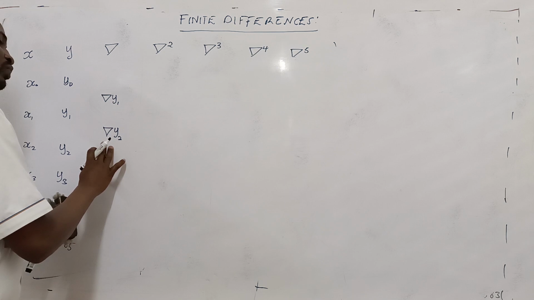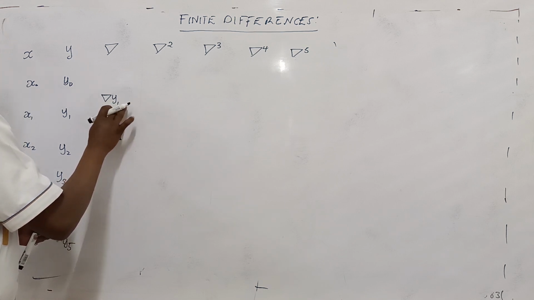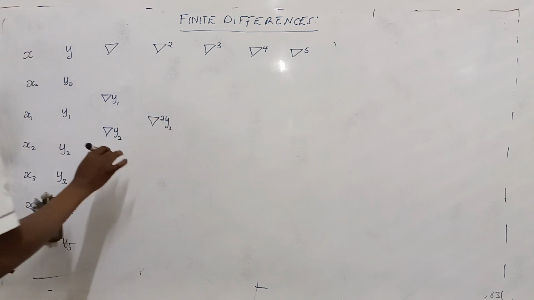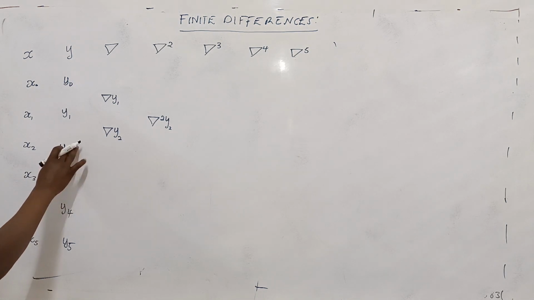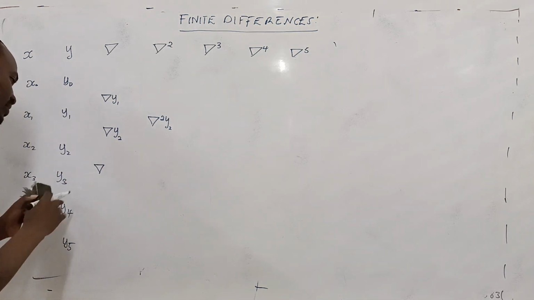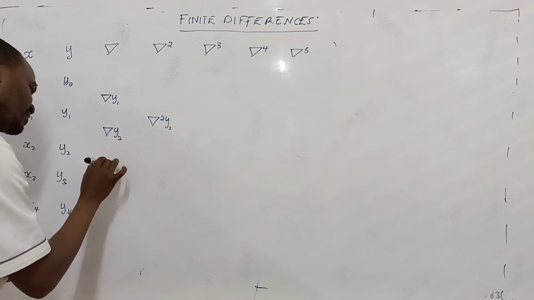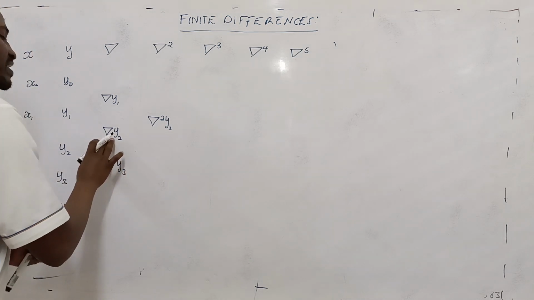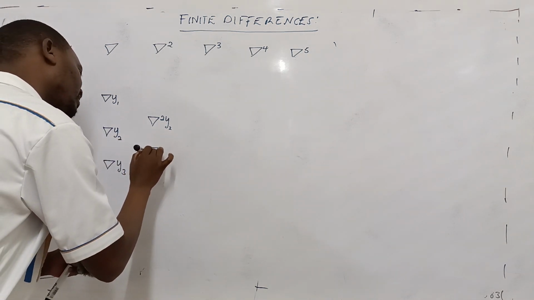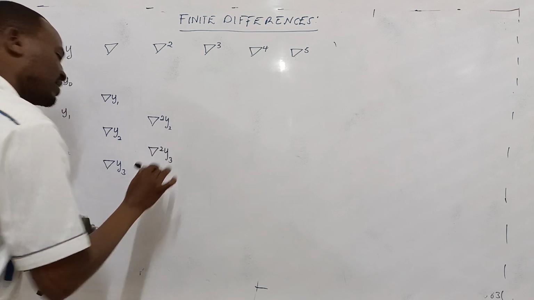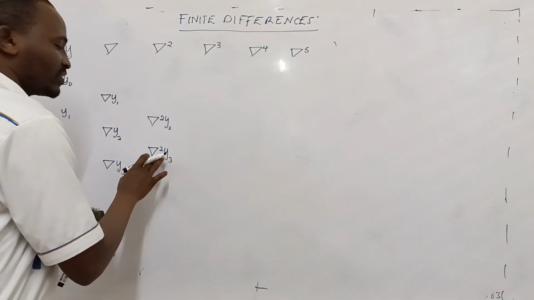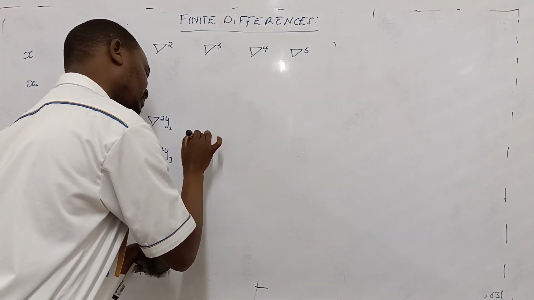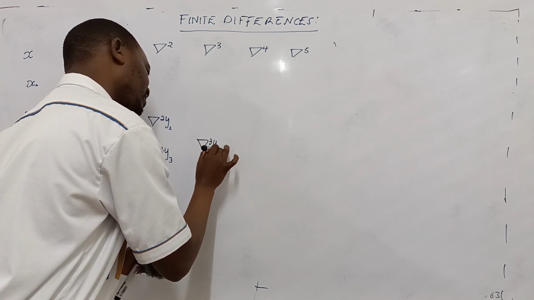The first backward difference of y2 minus the first backward difference of y1 is the second backward difference of y2. y3 minus y2 is the first backward difference of y3. The first backward difference of y3 minus the first backward difference of y2 is the second backward difference of y3. The second backward difference of y3 minus the second backward difference of y2 is the third backward difference of y3.